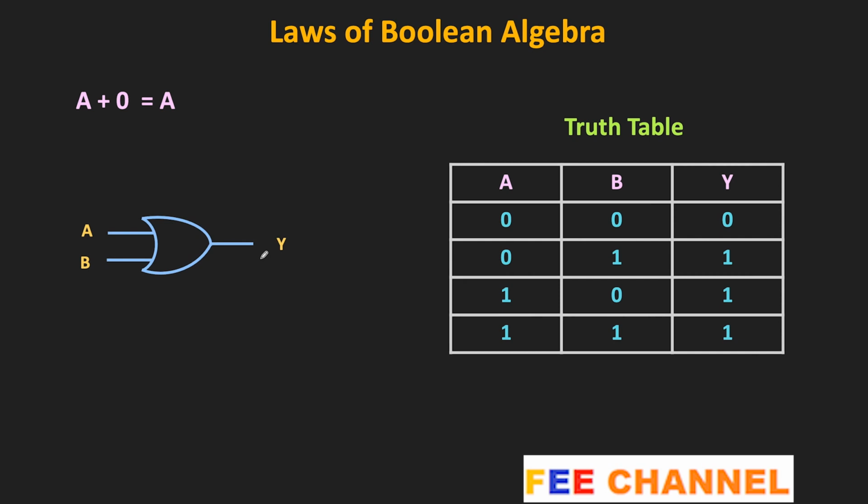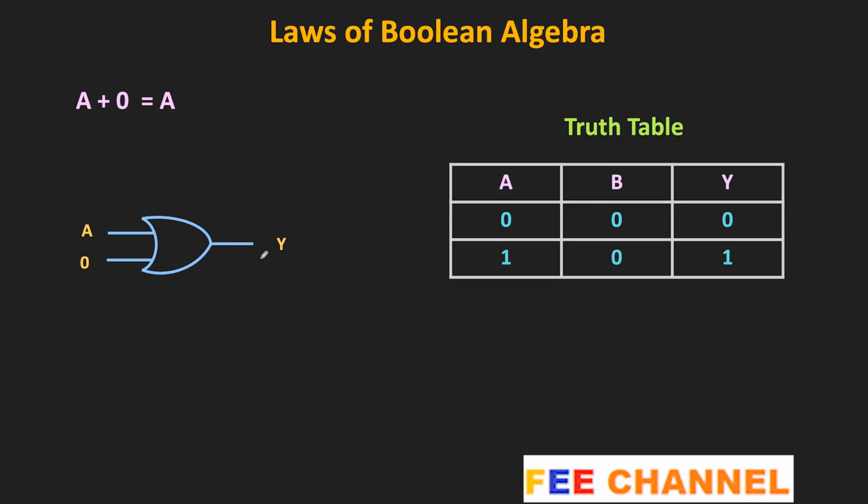So, for OR operation, we know that when one of the inputs is 1, then the output is always equal to 1. And when both inputs are 0, and then only, the output of the OR gate is equal to 0. So, here one of the inputs is always set to 0. Now for the input A, there are only two possibilities.